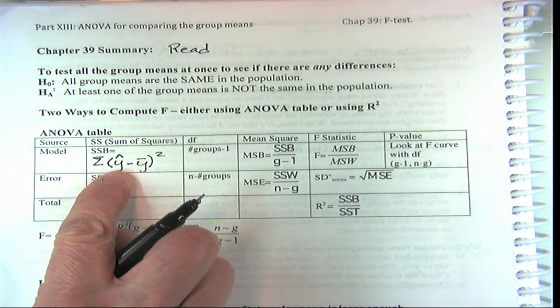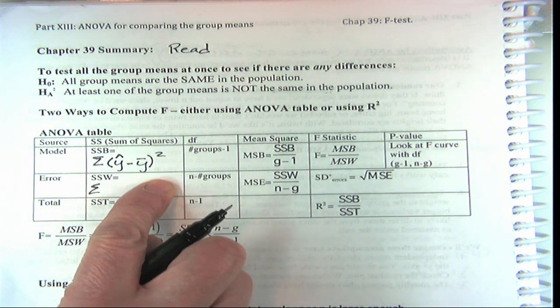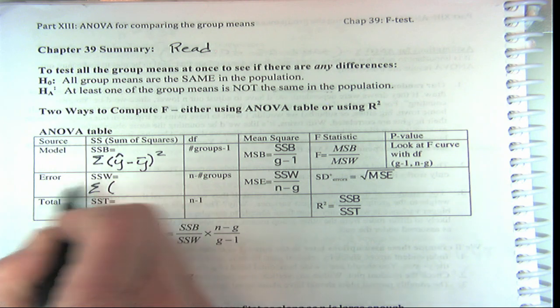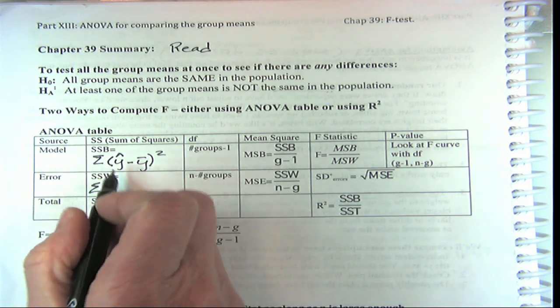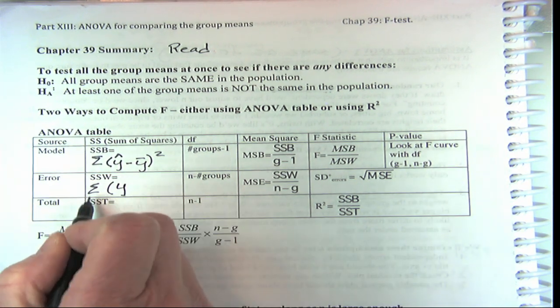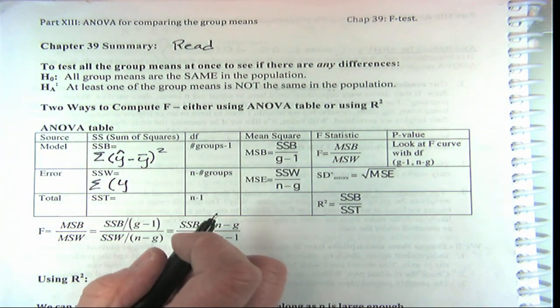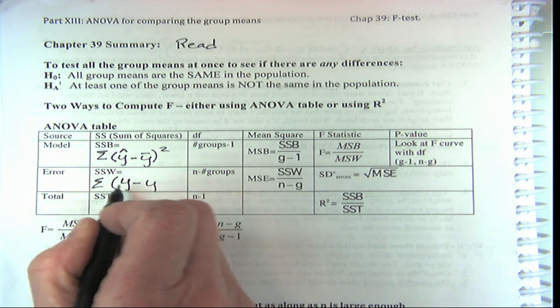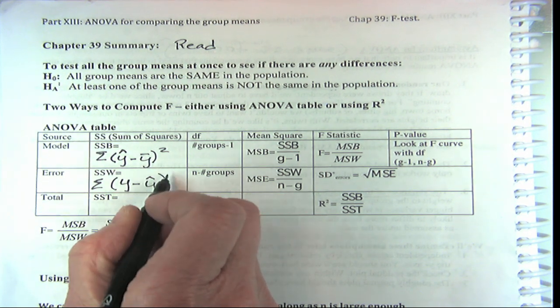So these are like our group means minus the overall mean, squared. This one is what? Errors. So that's observed minus predicted. That's the y's for all your points, however many points you have, minus the predicted, observed minus the predicted, squared.